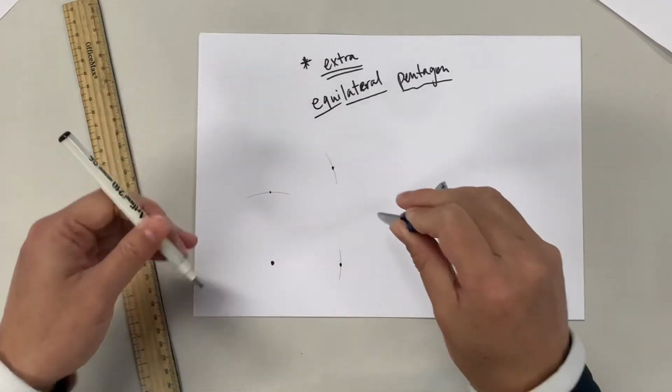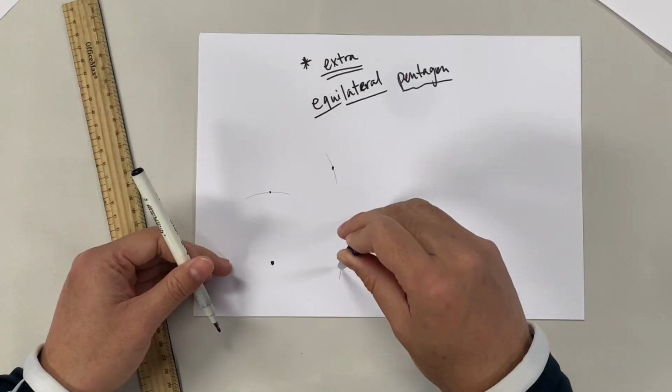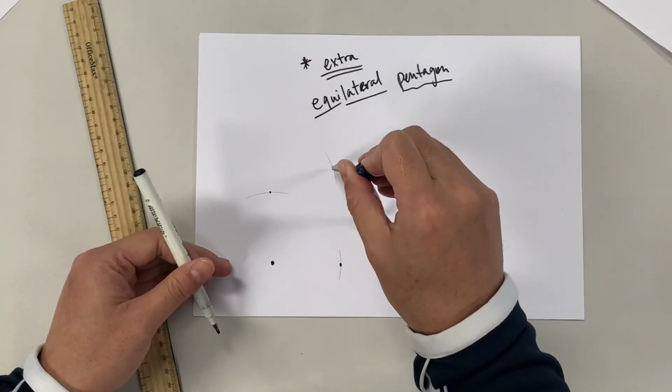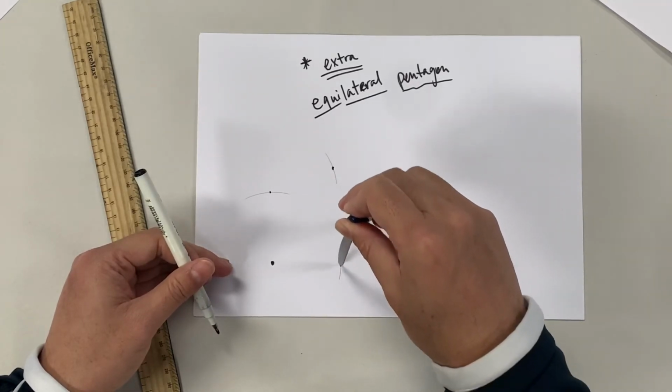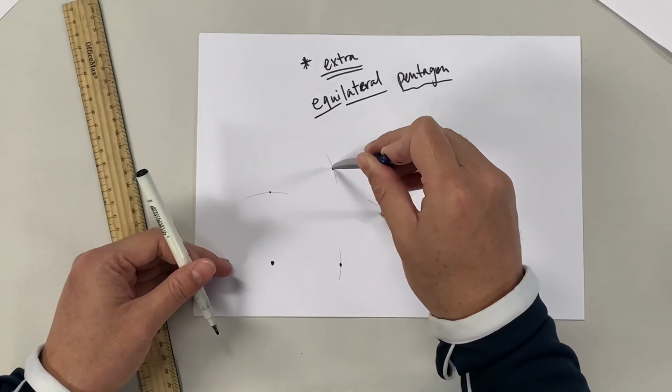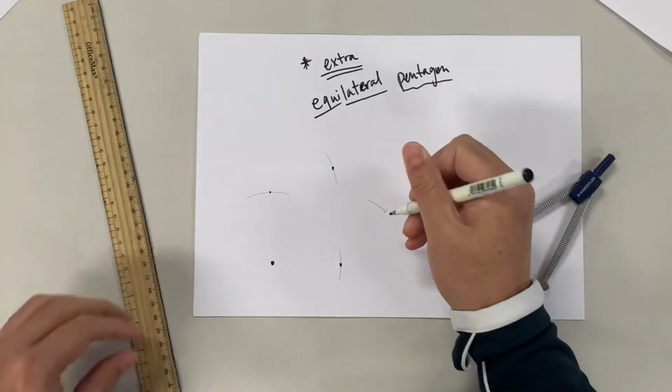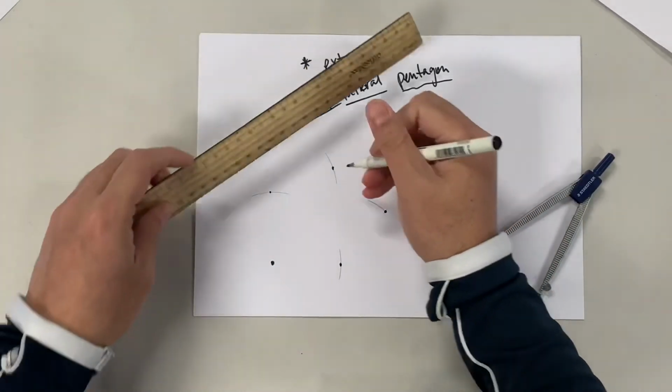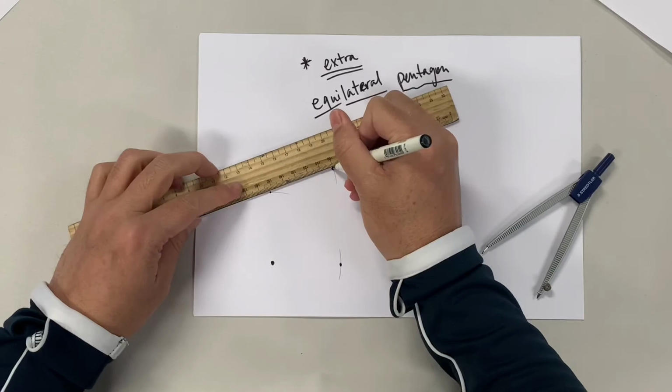and I have to find a dot that is equidistant from this dot and this dot, right? So this is now an equilateral pentagon.